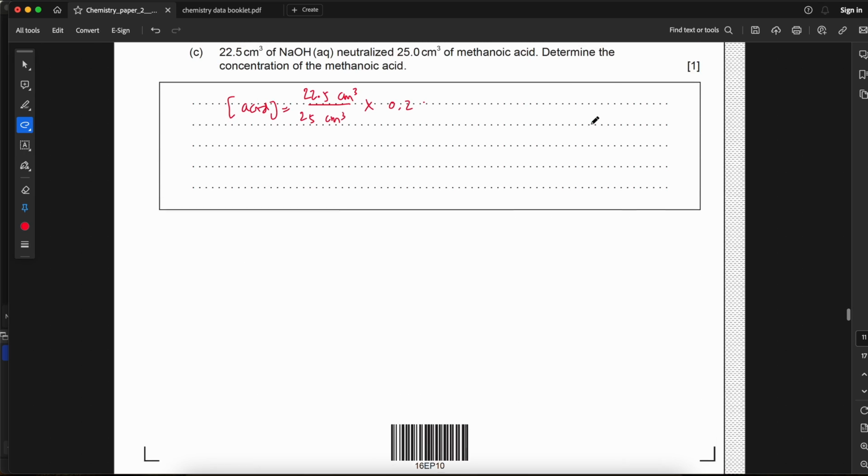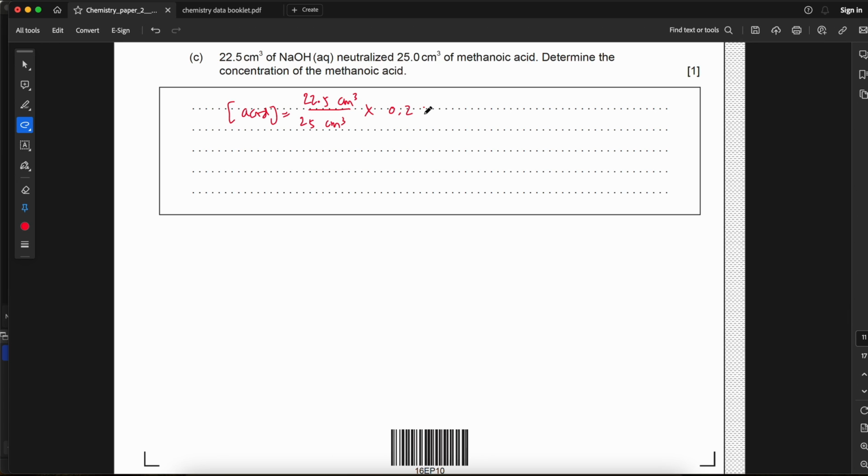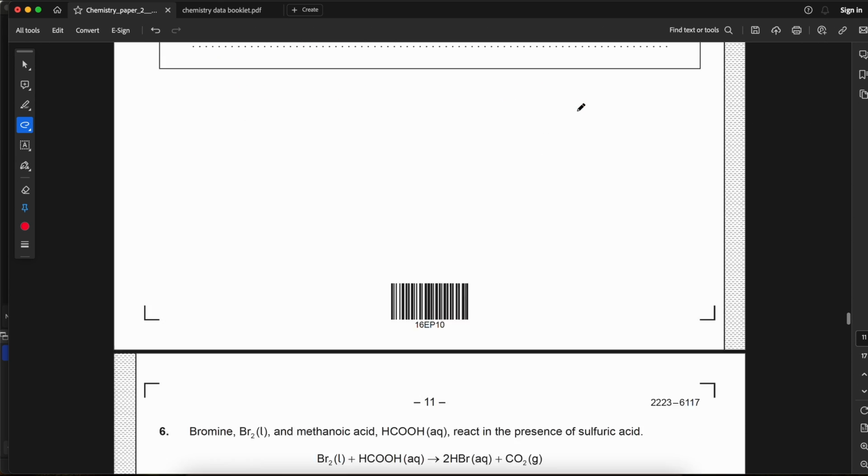Okay, so mole per decimeter cube, so you will get 0.18 mole per decimeter cube.